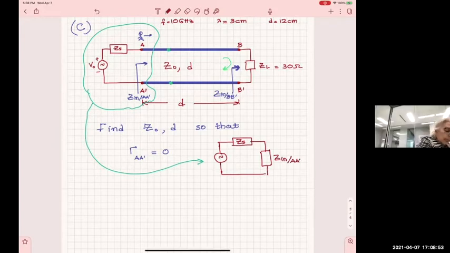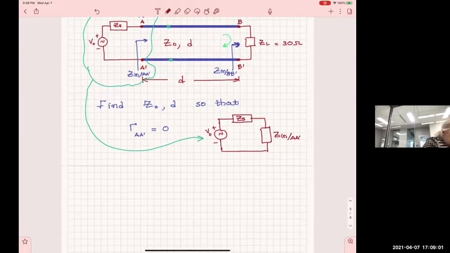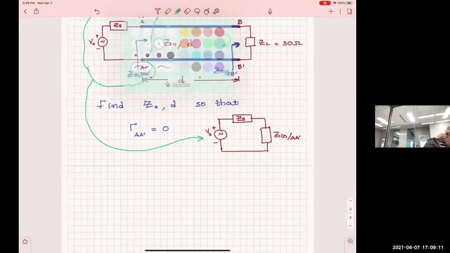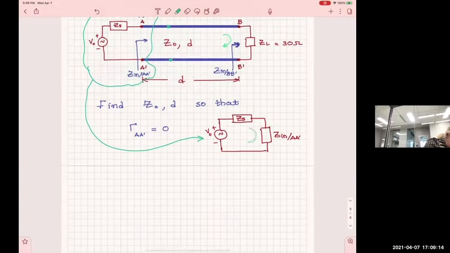So practically, I have this simple circuit: V naught, ZS, and Z input. And it's asking me to find the reflection coefficient here. So I will apply exactly the same formula for the reflection coefficient.